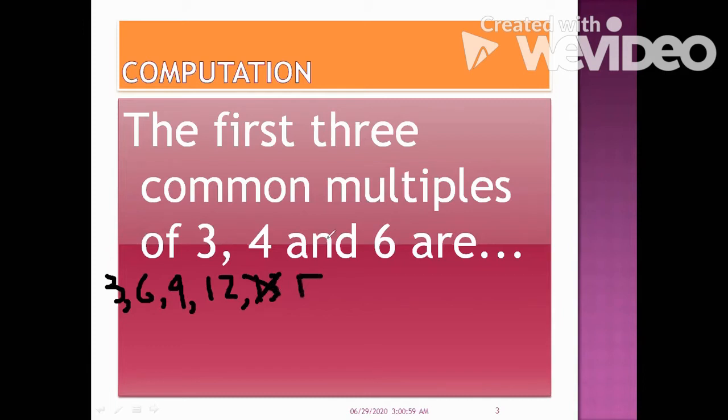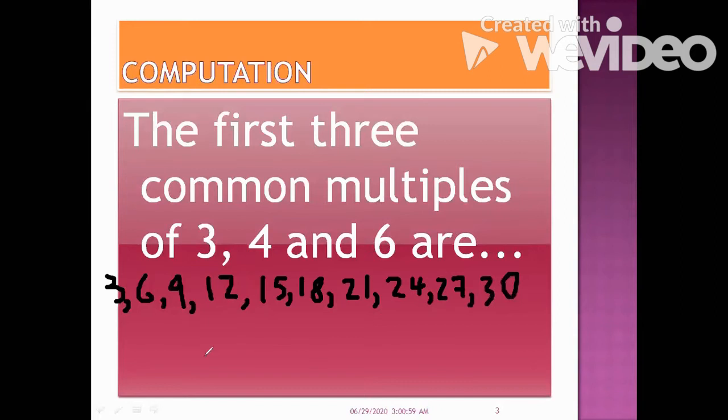It should be 15, 18, 21, 24, 27, 30, etc.